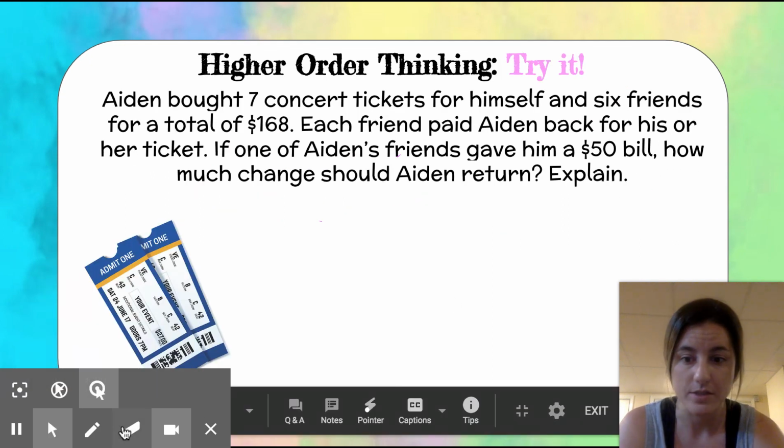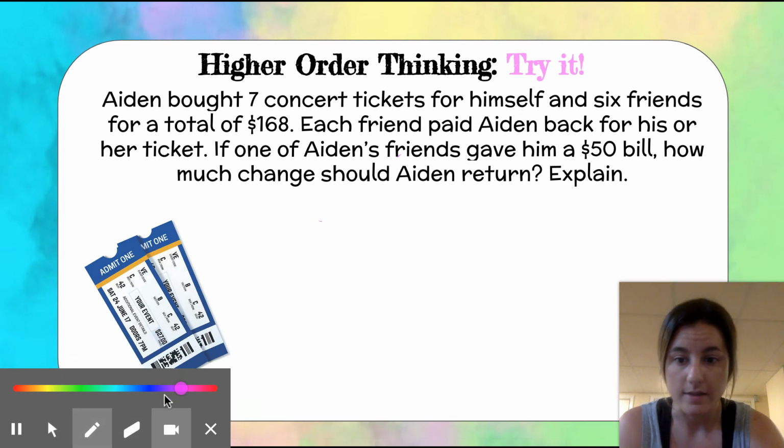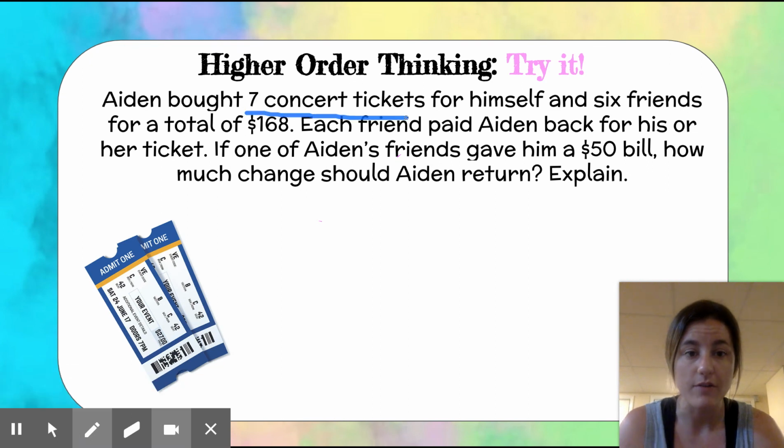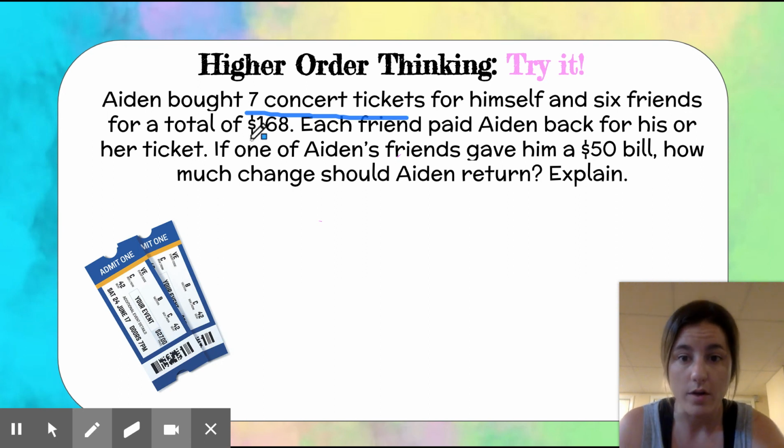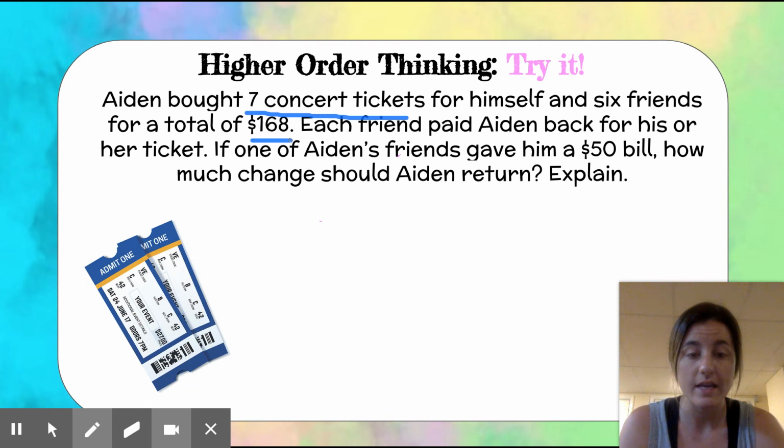Okay, this is our last problem, and it's a little bit of a multi-step problem. So Aiden bought 7 concert tickets for himself and 6 friends. So himself and 6 friends is 7 people, 7 concert tickets for a total of $168. Each friend paid Aiden back for his or her ticket.